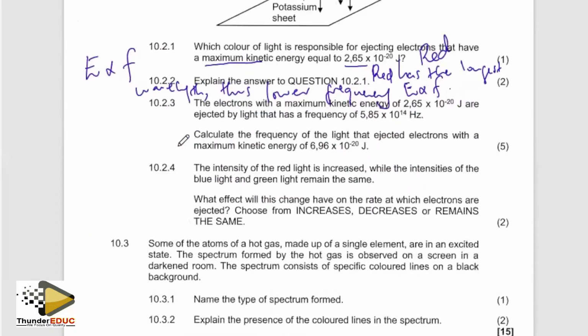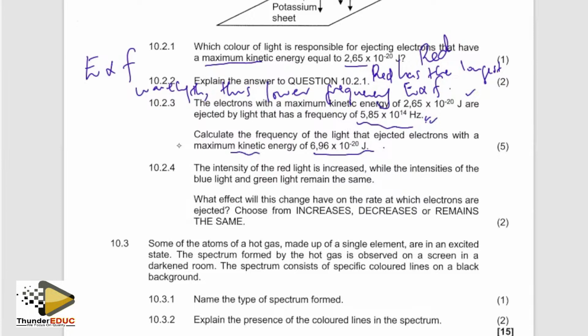All right, then 10.2.3, they're telling us the electrons with a maximum of 2,65 are ejected by a light having this much of a frequency. Calculate the frequency of light that ejected electrons with the maximum of this much.